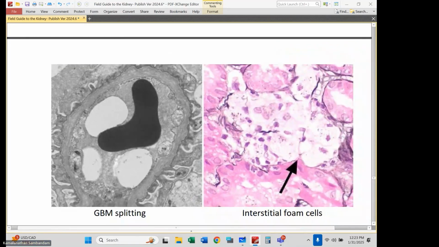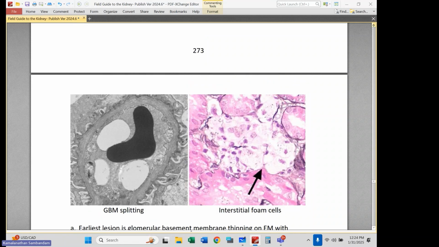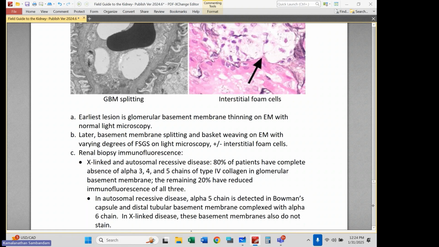Now, interestingly, you have in the interstitium occasionally these so-called foam cells. Why these develop in Alport syndrome is not clear, but is also part of interesting renal pathology findings in this condition.